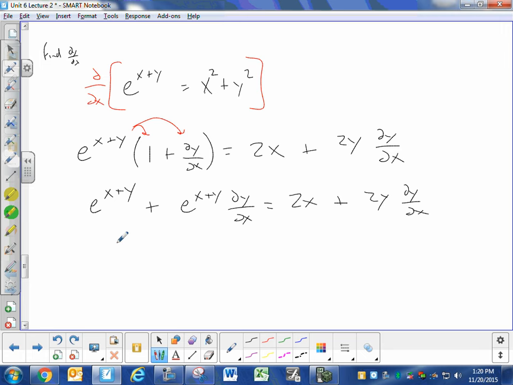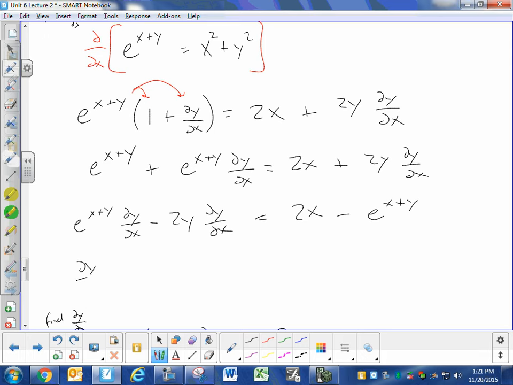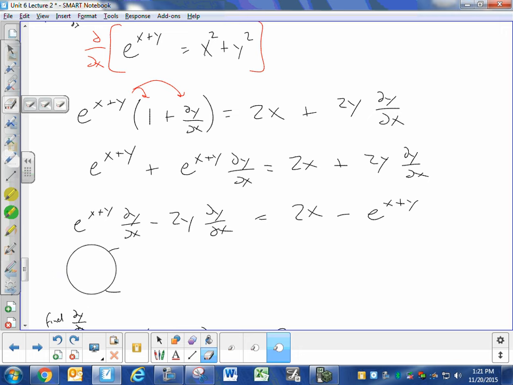Subtract this, subtract this. Factor out the dy/dx, and then divide to solve. I'm going to just do that all in one step.